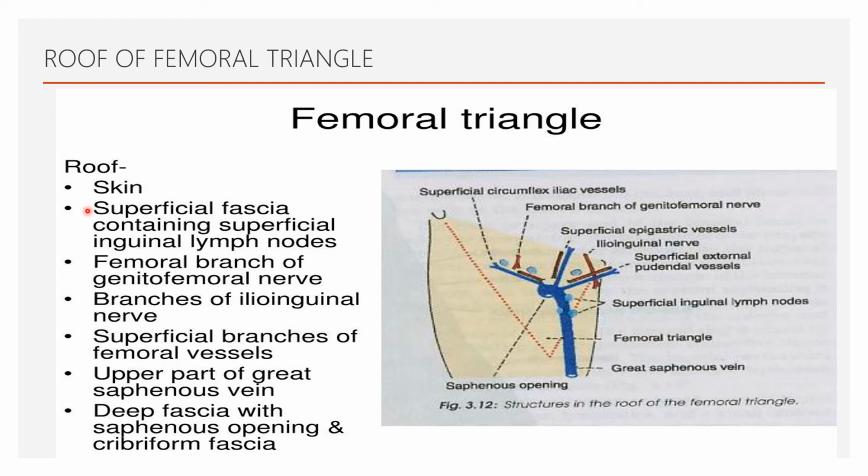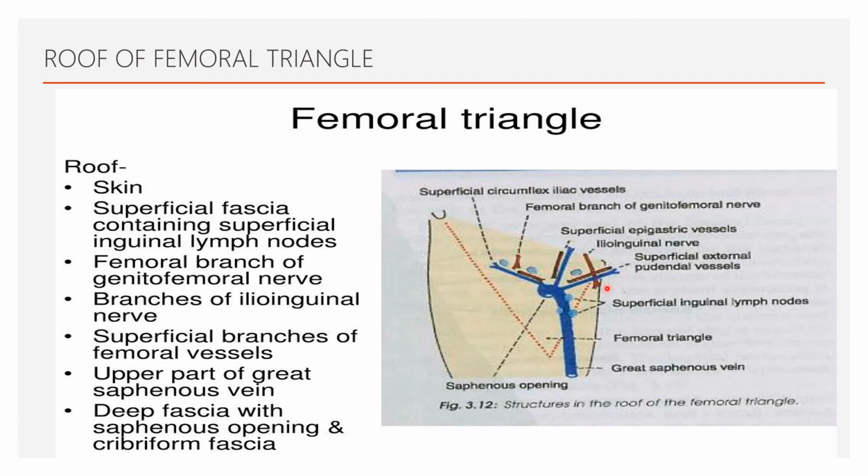The superficial fascia contains the superficial inguinal lymph nodes, femoral branch of genitofemoral nerve, branches of ilioinguinal nerve, superficial branches of femoral artery, upper part of great saphenous vein, and the deep fascia with the saphenous opening and cribriform fascia.